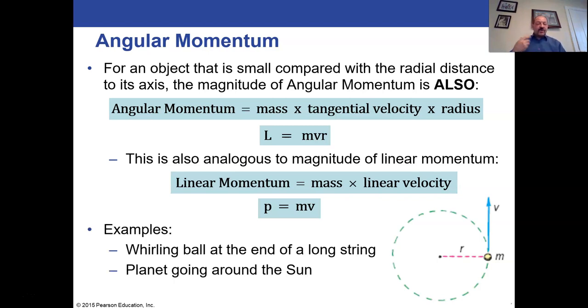So whirling a ball at the end of a long string, a planet going around the sun. These are examples of angular momentum. Once it's going, it's easy to keep going. Of course, you're always applying a centripetal acceleration toward the center. In the first case, with the whirling ball, that pull towards the center is the tension on the string. That's providing the force that pulls it in, the centripetal force.